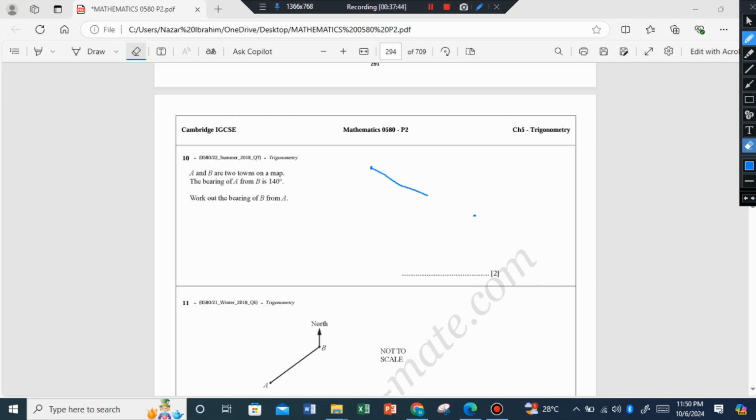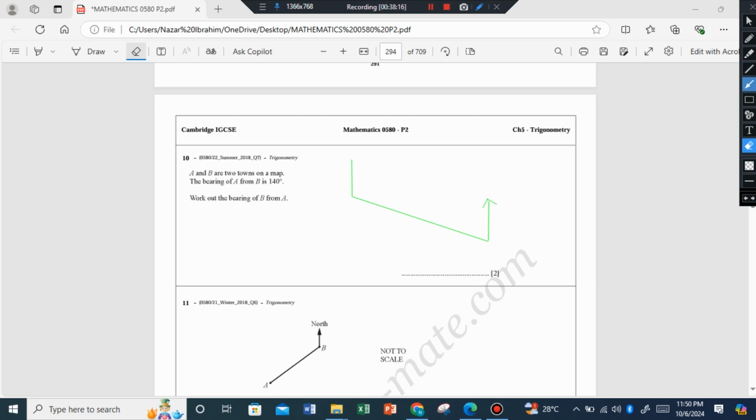Okay, we can draw a simple line so that it can be easier for us to understand. These are two arrows which you can see I have kept in north, right?